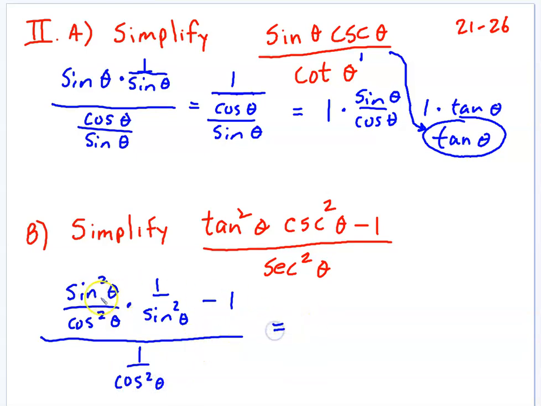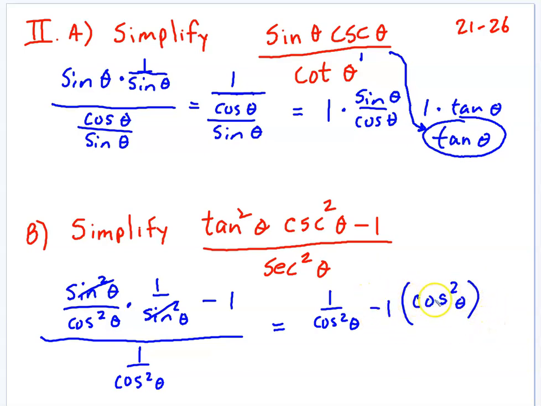Okay, so multiplying up here, since I'm multiplying, I can cancel these diagonally, so I'm left with 1 over cosine theta minus 1. And I'm dividing by 1 over cosine squared, and kind of like we did up here, dividing by a fraction means to multiply by its reciprocal.